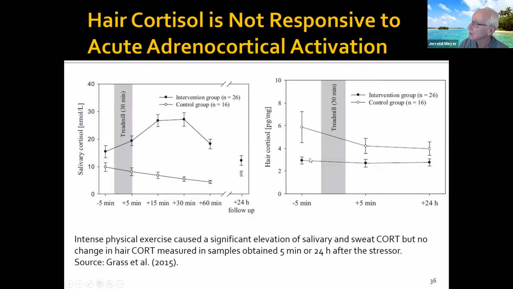So here, again, there was a difference in baseline for some reason, but the important thing is that the intervention group that showed this nice cortisol response, the hair was measured. Oh, I'm sorry. This was 5 minutes before the treadmill, and this was 5 minutes after the treadmill, and then this was 24 hours after the treadmill.